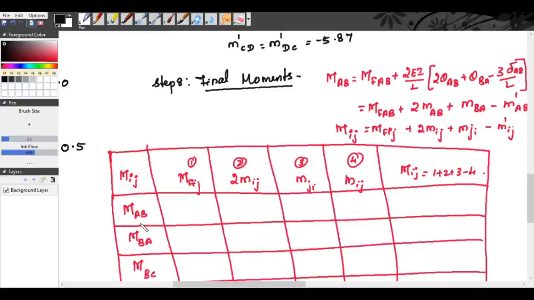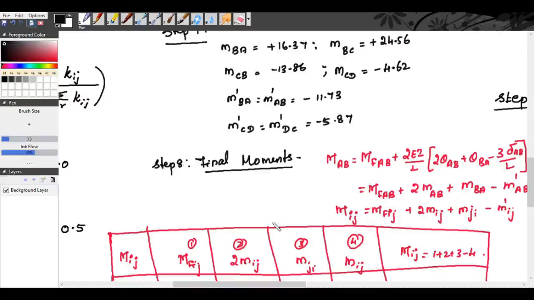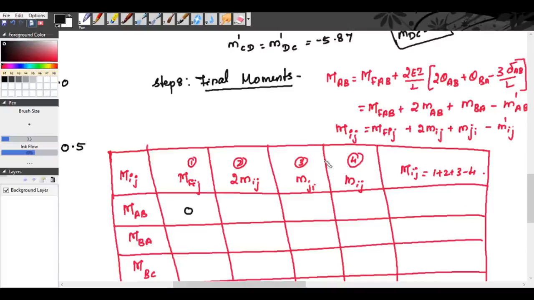What is M of AB? M of AB is 0. MAB is 0, and MDC is also 0. There is no rotational contribution from the joints A and D. So 2MAB is 0.